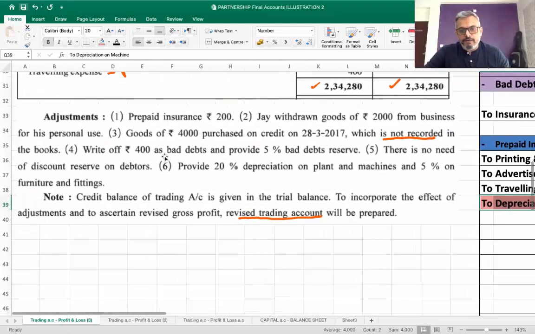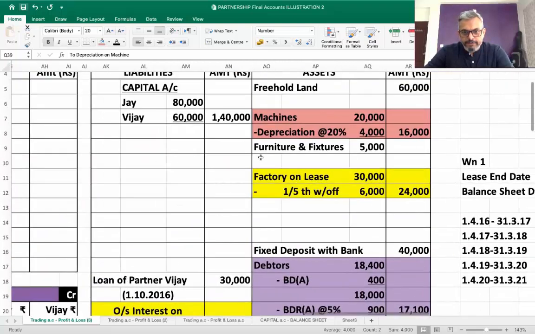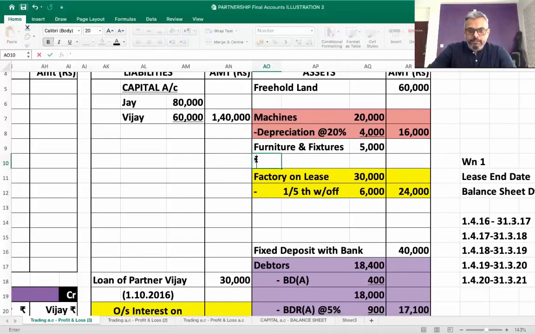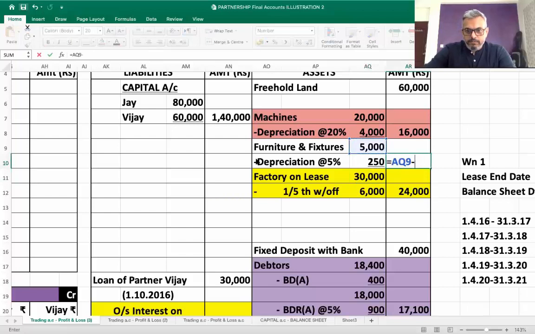And 5% on furniture and fittings. So furniture and fittings 5%. 10% is 500, 5% is 250, so 4,750.